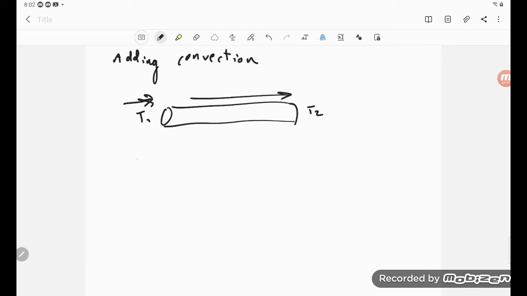Now, if all of a sudden, just really quick at some point, I give a hot blast that just for a moment sends this up to some T3 that's even bigger than T1, but then take it right back down to T1.